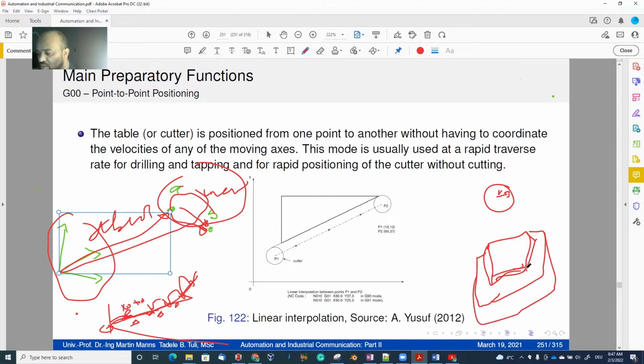Your cutter has to follow this path without touching the corner. So this is a circle, this is a circle, this is a circle.